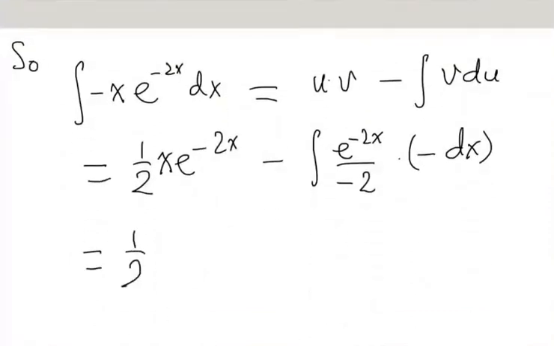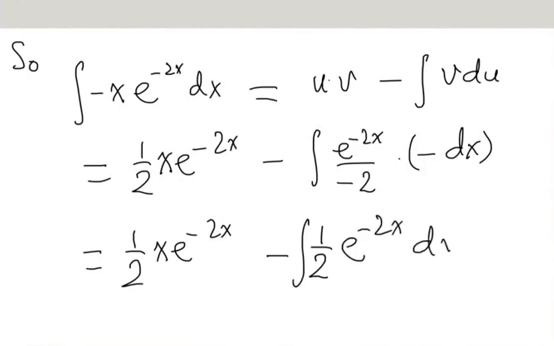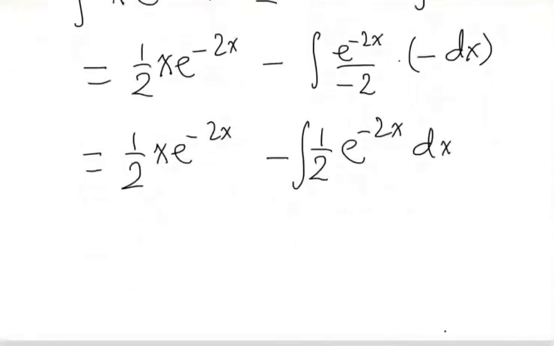Simplify, we have half x e to the minus 2x. We have several minus signs multiplied together, 3 of them, so they will be just minus a half e to the minus 2x dx. We need to do another integration.